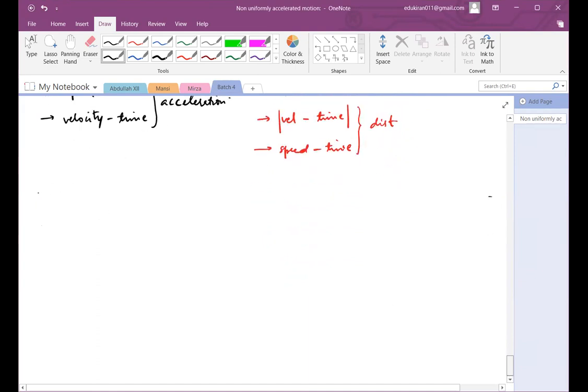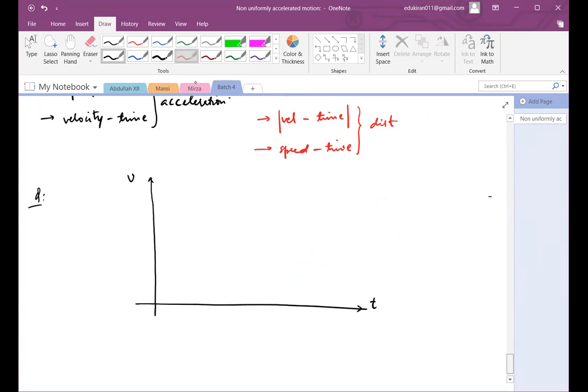I'm giving you a problem related to this. This is velocity versus time.